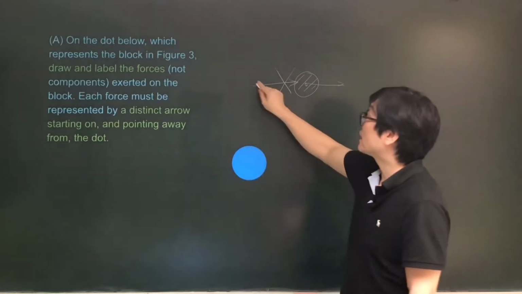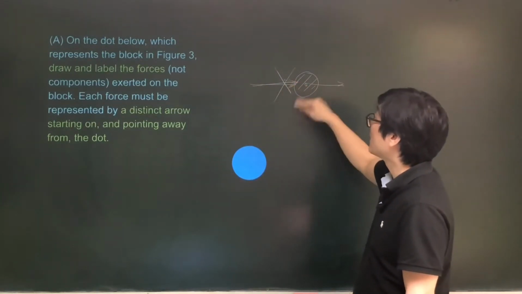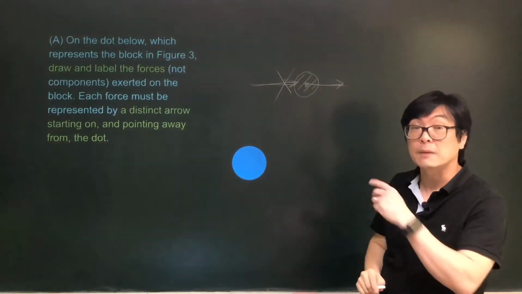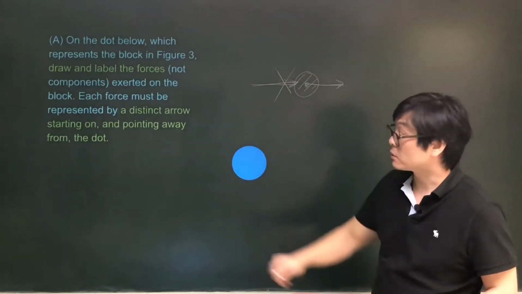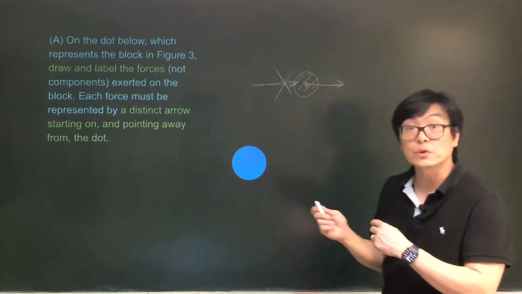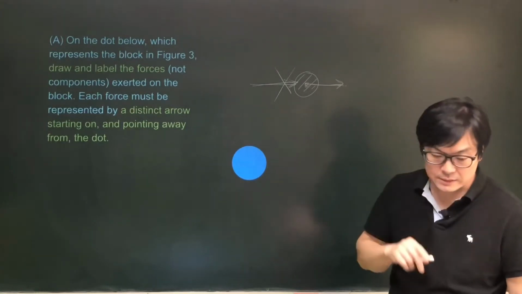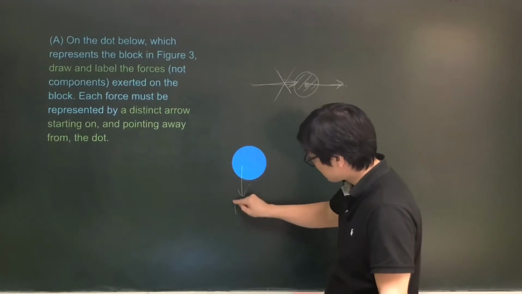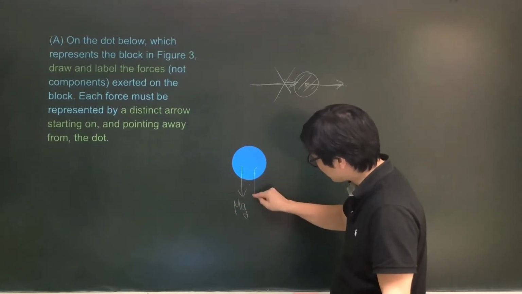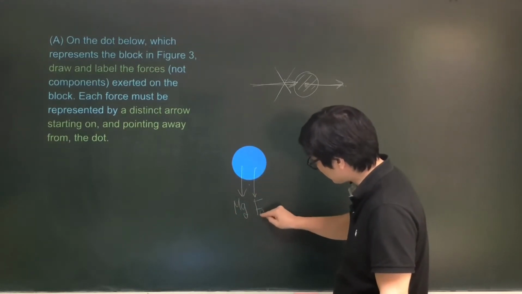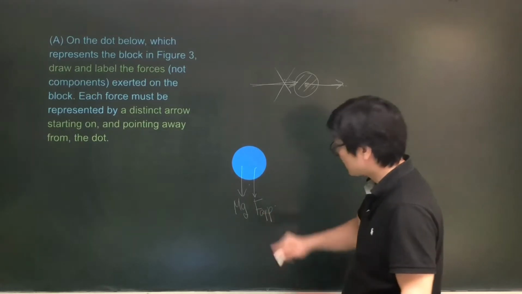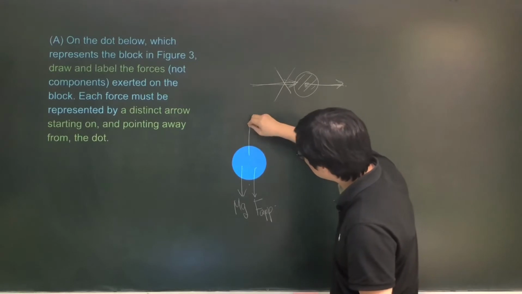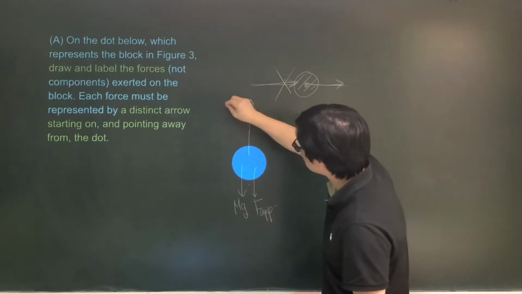Although maybe the force is pushed this way, you have to draw the force from the object pointing away from it. That's one of the tips for drawing the free body diagram. For this case, we have mg, and we have the applied force from your hands, and you have the spring force.